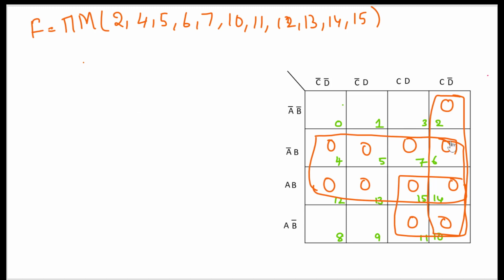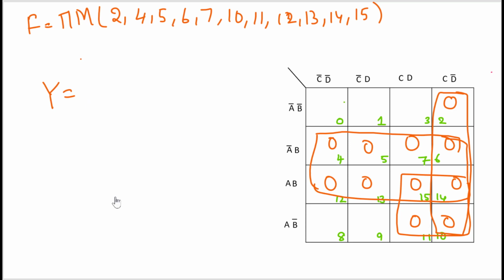So this quad is covering this 0 and this 0, and this quad is covering the leftover 0. So we are going to have 3 terms. Y equals, let's first take the octet. If you take this octet, c bar d bar get eliminated along this direction. You are going to get a bar b and a b, that means a is getting complemented, you are going to get b bar. Please put it in brackets.